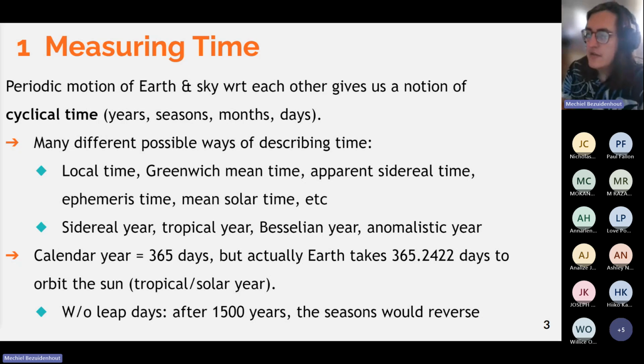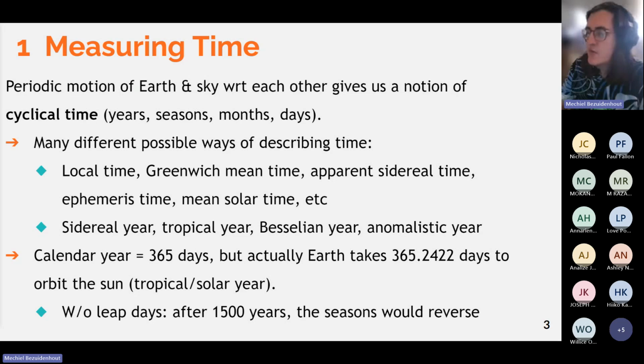But in general, in the modern era, we divide our calendar year up into 365 days, defined again by the amount of time it takes for the Earth to complete a rotation. But in fact, the Earth actually takes about 365.2422 days to orbit around the Sun.